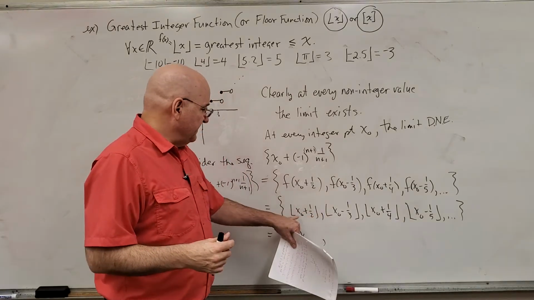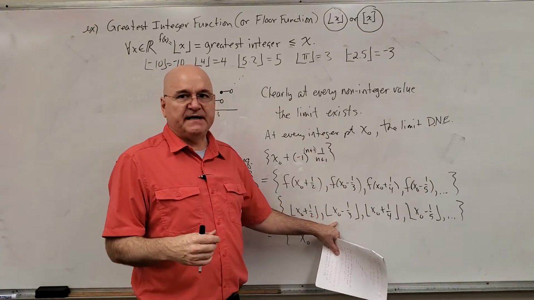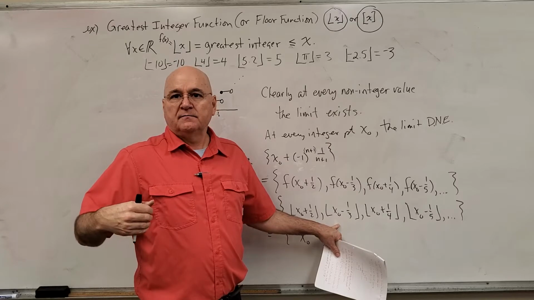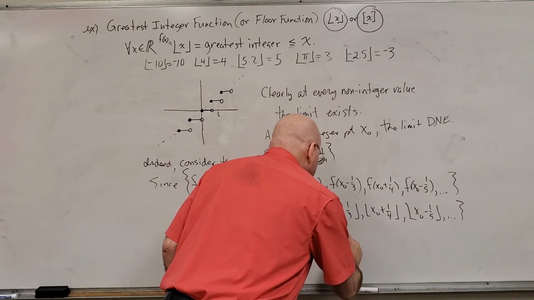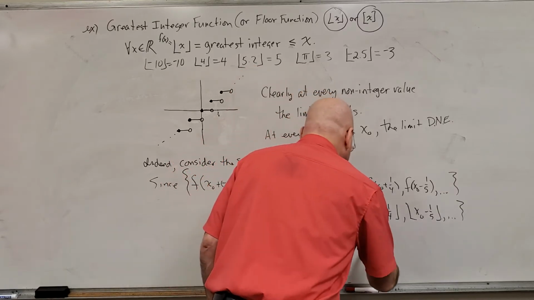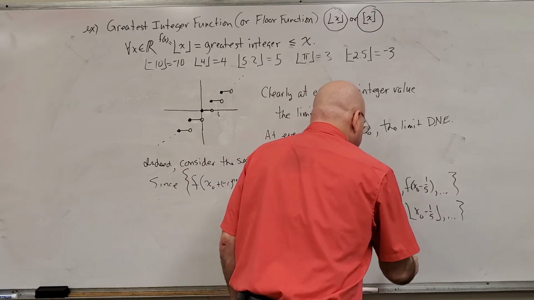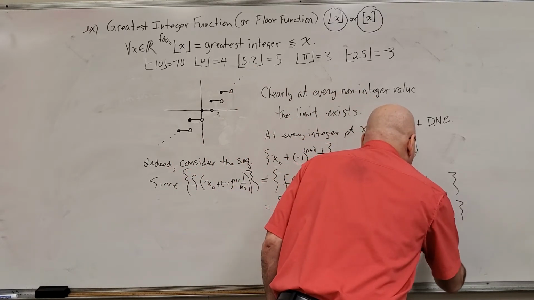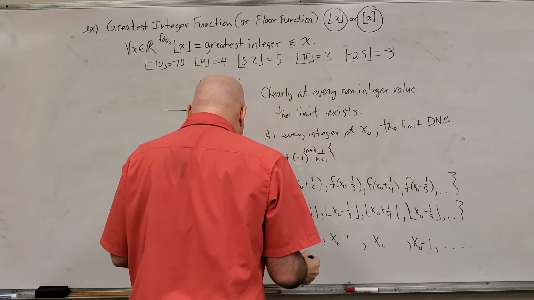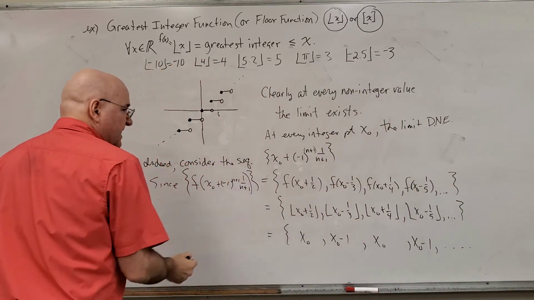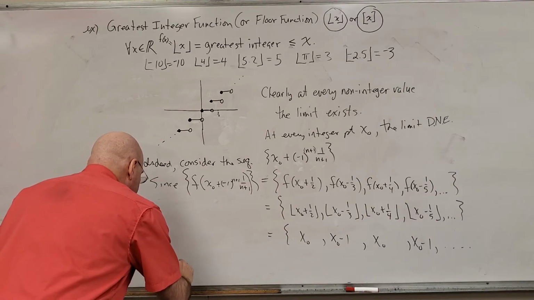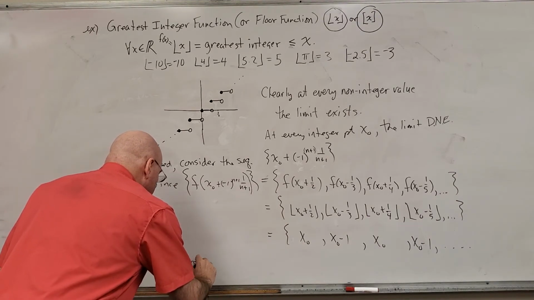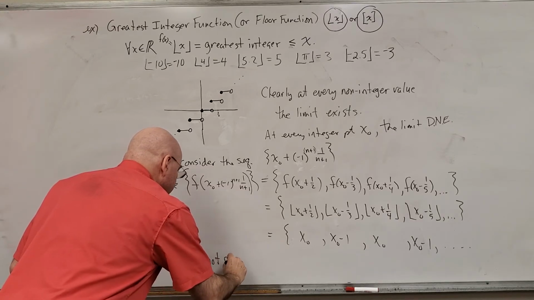Say if it's 10, what's the floor of 10 minus 1/3? It'd be a 9, right? So this is going to be x0 minus 1, correct? And then x0 again. And then x0 minus 1 again, and it repeats. So that does not converge.